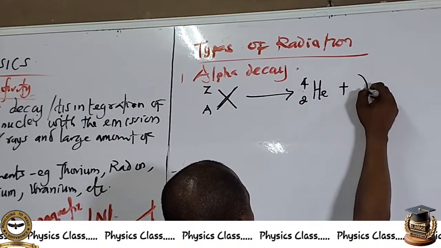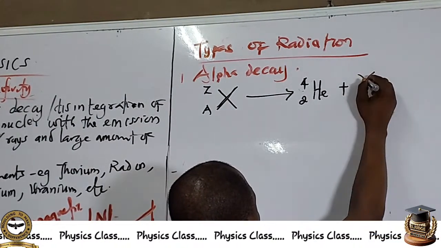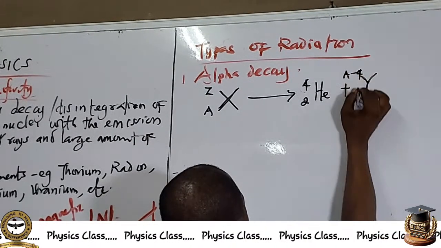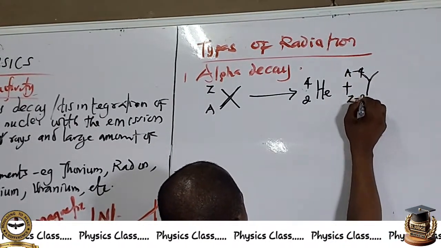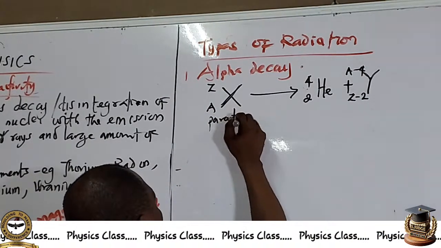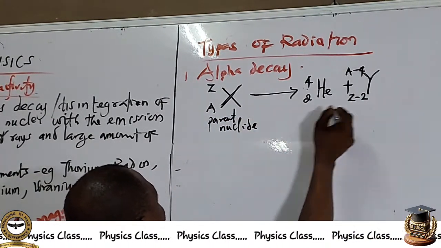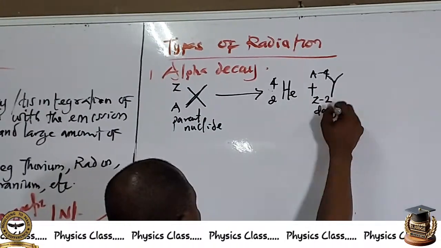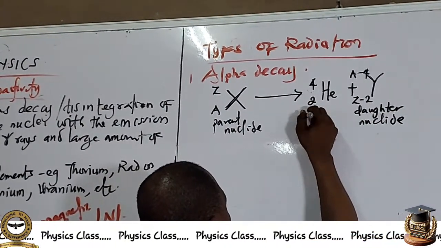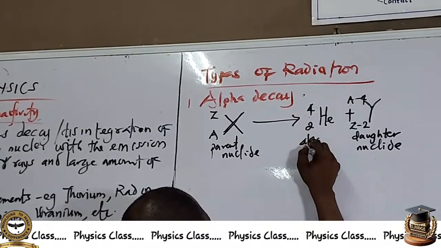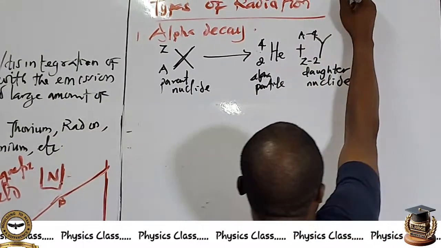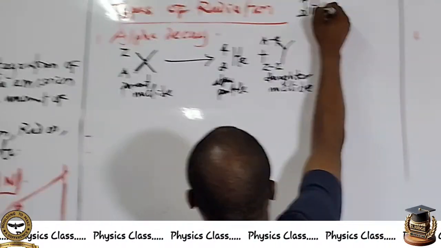This will give us a daughter nuclide of A minus 4 and Z minus 2. This is the parent nuclide, this is the daughter nuclide, and this is the alpha particle. Alpha particle is the helium atom.